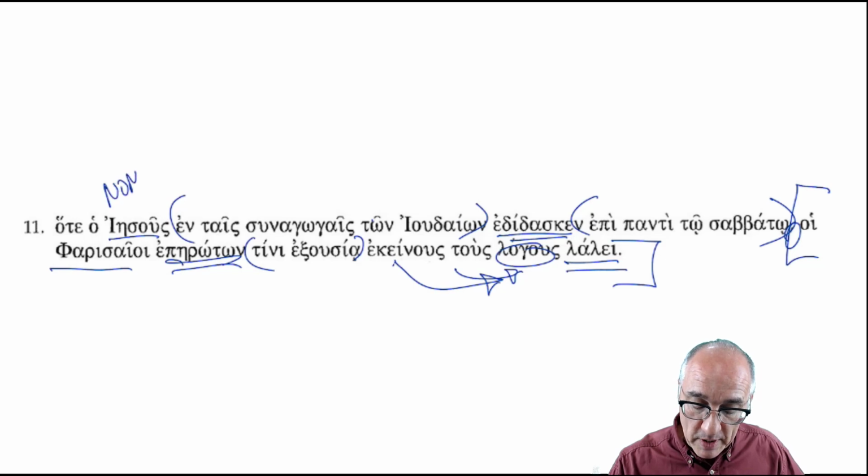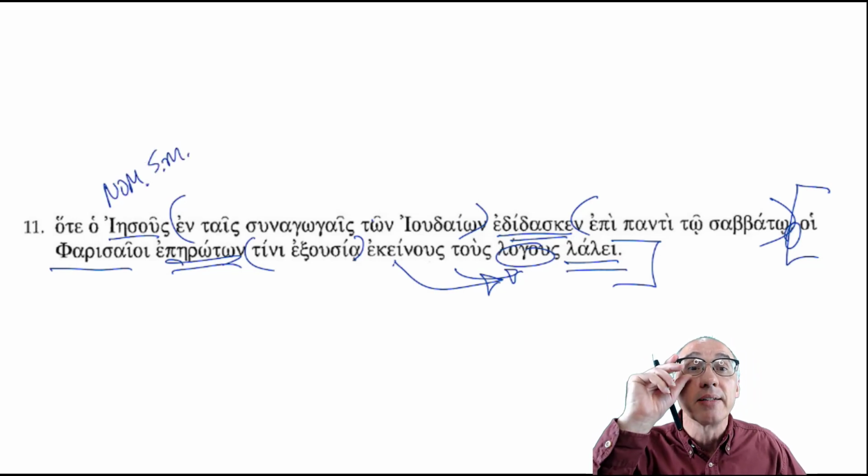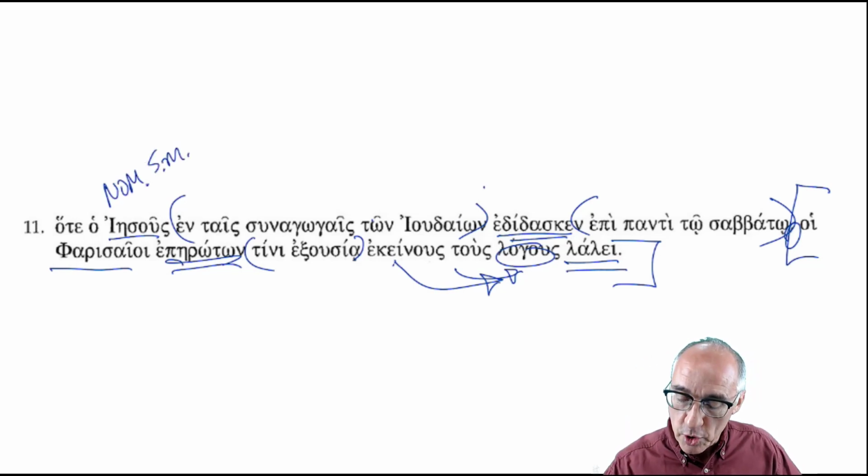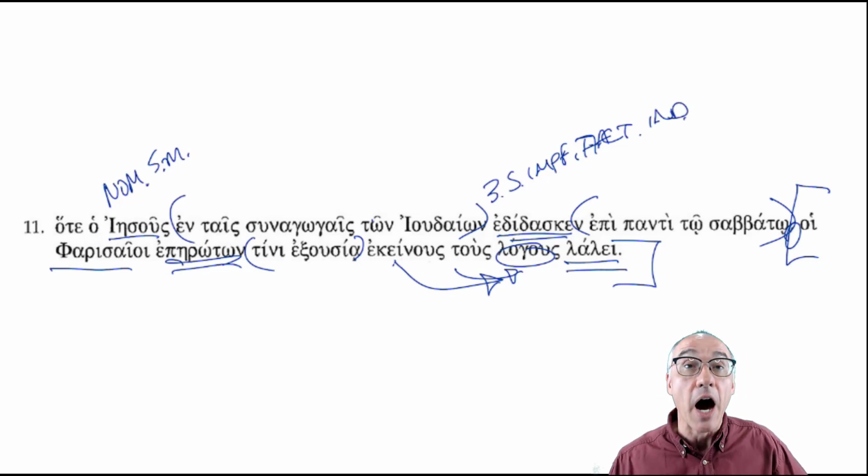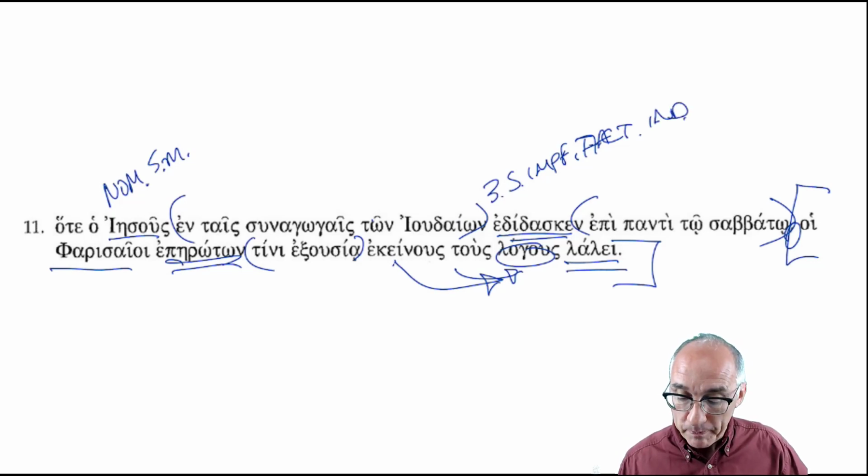Jesus, of course, nominative, singular, masculine. And teaching: third person, singular, imperfect, active, indicative. In the synagogues of the Jews. So Jesus was teaching in the synagogue of the Jews, upon every Sabbath.